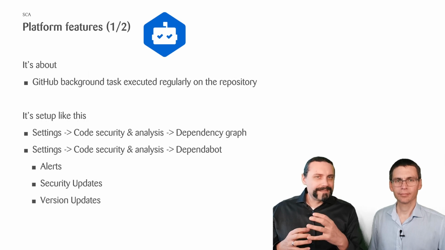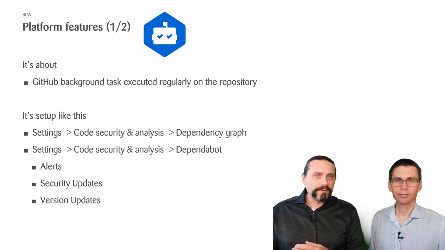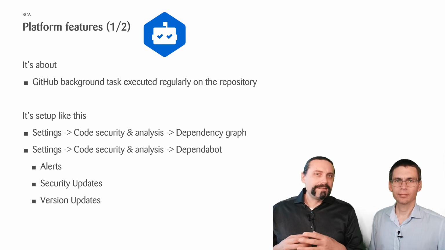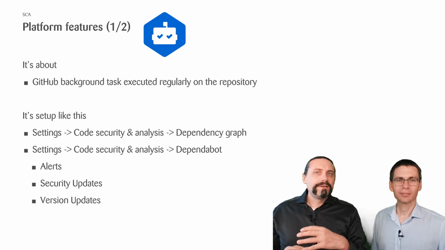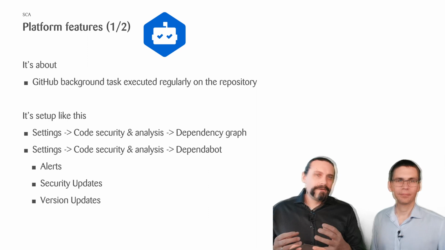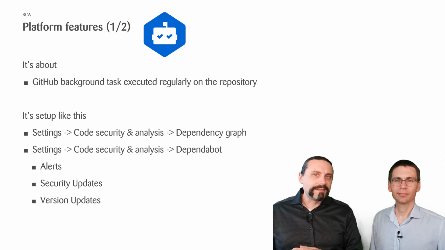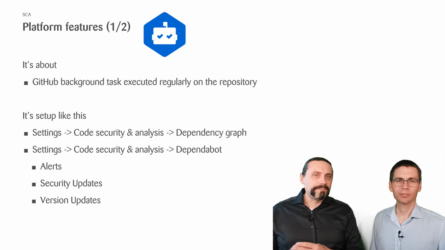There is also a second way which we can go, and this is by using platform features which GitHub provides us. This platform feature is Dependabot. Dependabot will scan through your repository and search for vulnerabilities in your dependencies, and it will do that on a regular basis. You can set up Dependabot by going to the settings, code security analysis, enable there the dependency graph, and then also Dependabot.